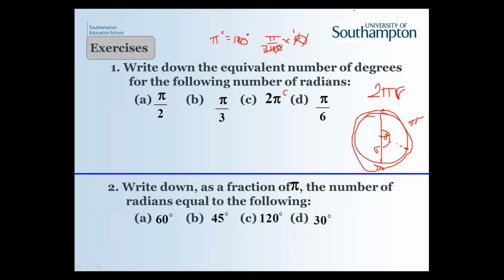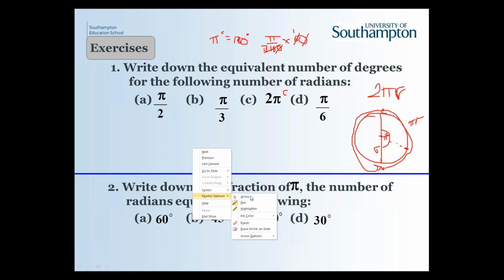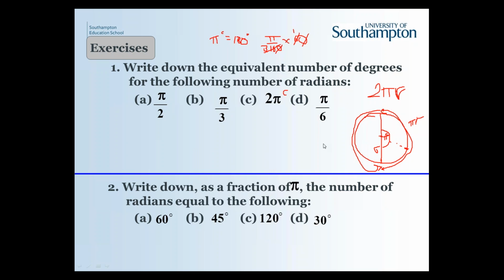Okay, so Robert, what did you get for B? Second one I've got pi over 3 equals 60 degrees. And then I already said that one's 360.